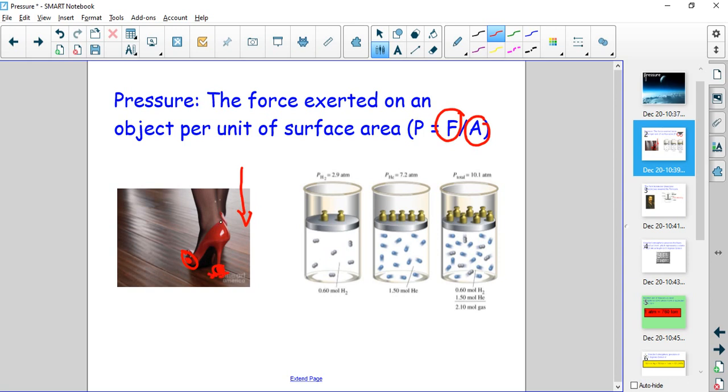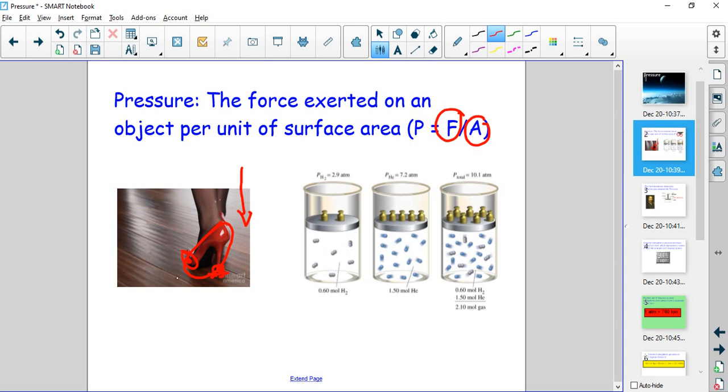So if this person removes their shoes, these high heels, and walks instead on bare feet or socks, it's probably a lot better for a delicate floor. So this shows you that a greater area that allows this force to be distributed means less pressure.